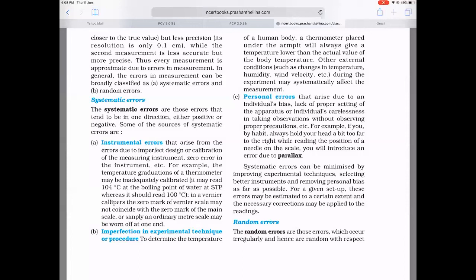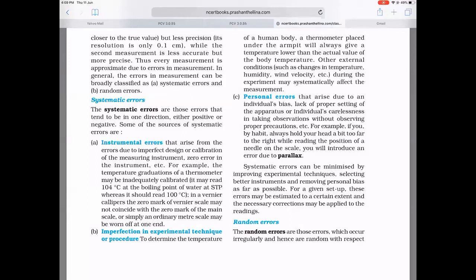Personal errors can come because of lack of proper setting of apparatus, carelessness, then again parallax error, when your eyes are not at par with the measurement that you are making, and you are making it at an angle. So these are all referred to as systematic errors: instrument errors, imperfections in experimental techniques, and personal errors.